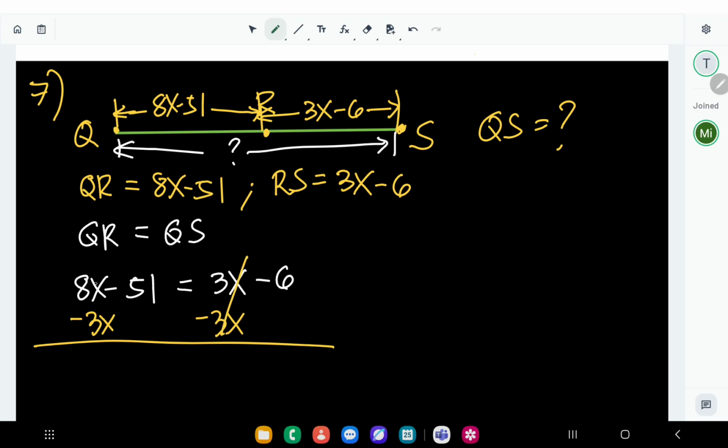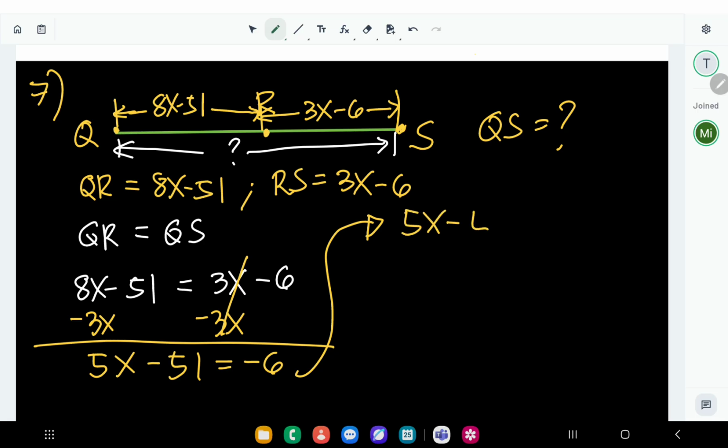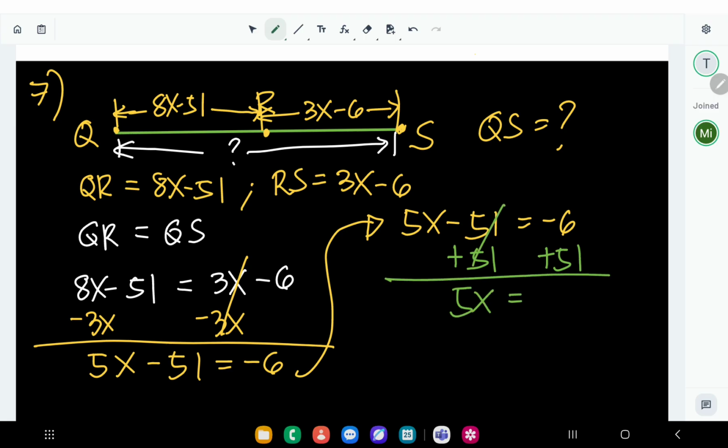This cancels out. So we have 8x minus 3x is 5x. So this is 5x minus 51 equals negative 6. Then we add 51 to both sides. We're left with 5x equals negative 6 plus 51.